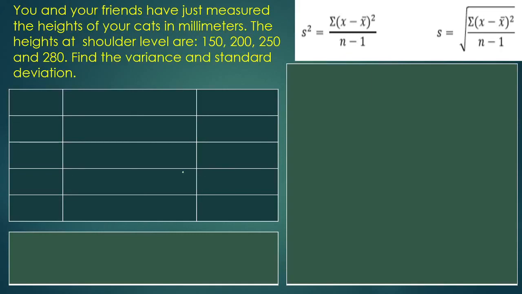So you make a table with 3 columns all the time. The first column, you write the letter X. In the second column, you write X minus the mean. In the next column, you write X minus the mean squared.